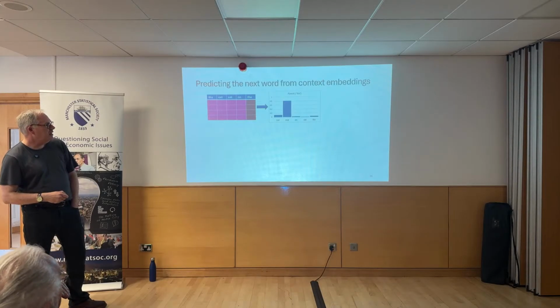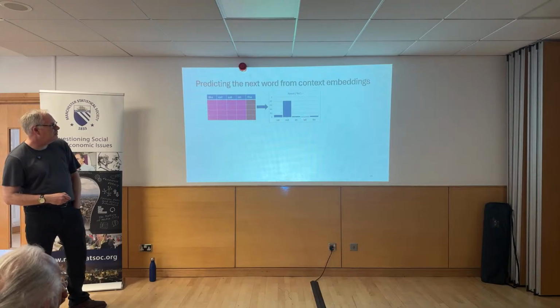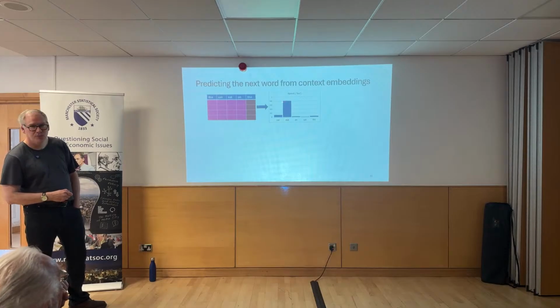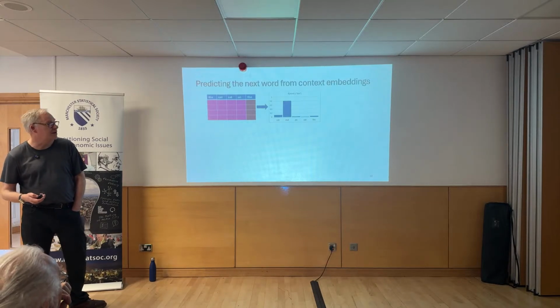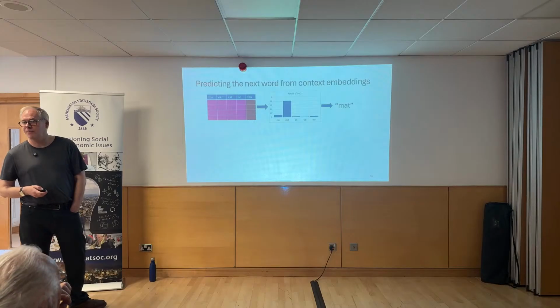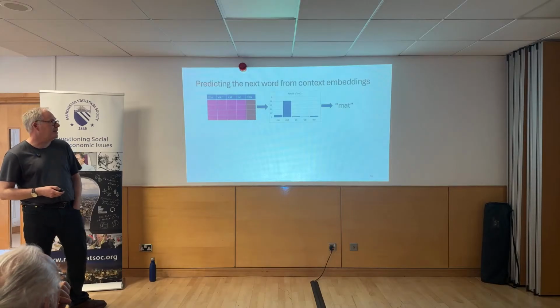You can see the probability for the word sat is actually very low, so that's probably not the next word. The probability for the word mat being the next word is actually very high. It's 0.8. So that would probably be the best word to predict as being the next word in my sentence. So that's what I'm going to do. I predict the word as being mat.